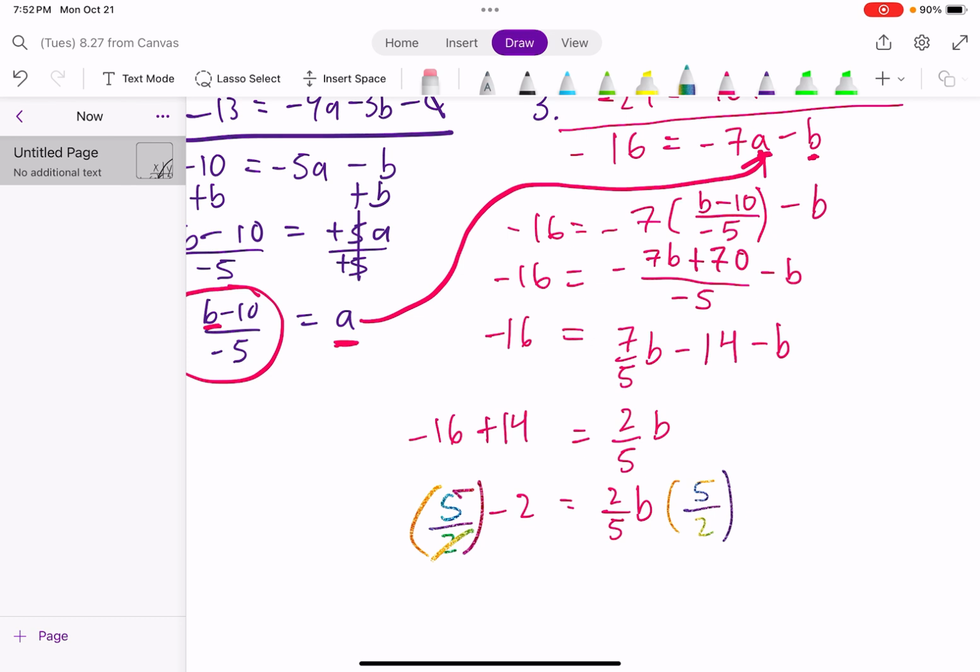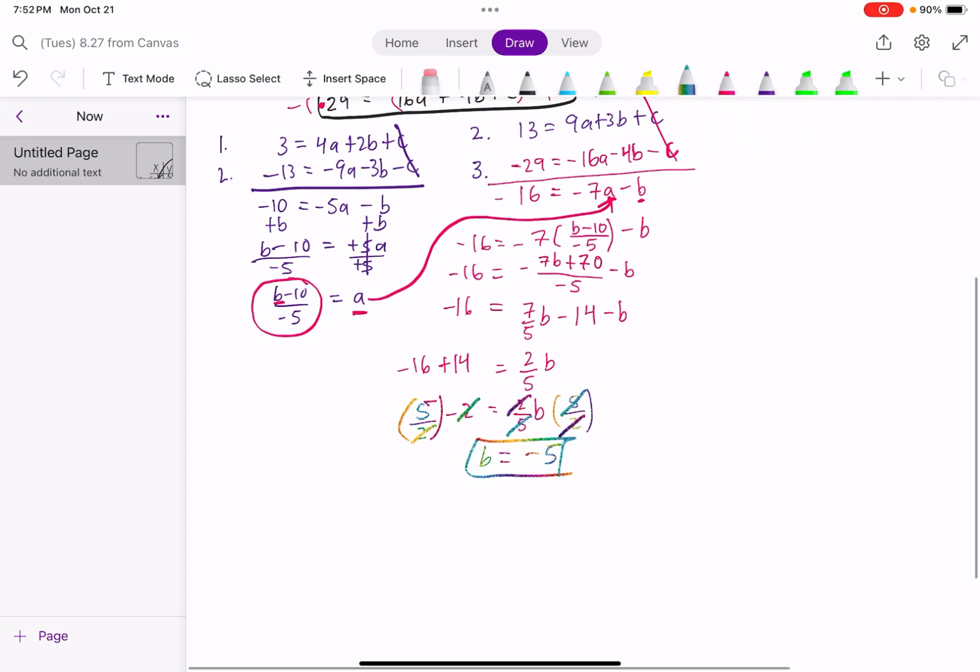Multiplying by 5/2, these cross out, 5/5, and we're left with b is negative 5. I'm just going to confirm that really quick. Yep. And now we're moving on.